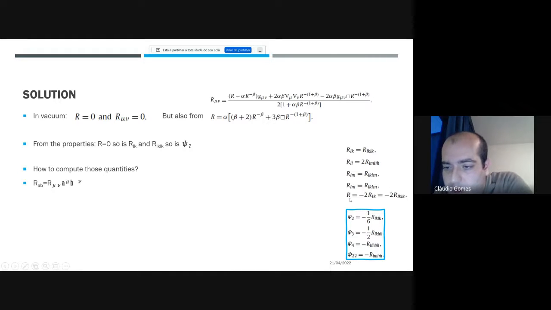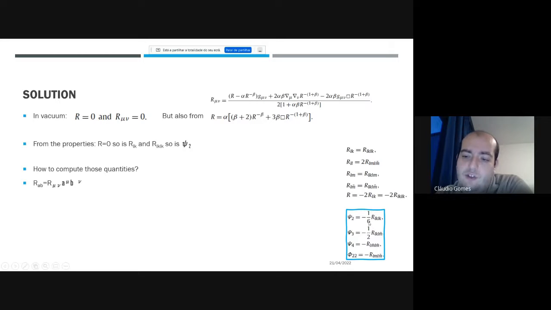So R equals 0, that means that R_LK is 0 and R_LK is also 0, right? So let's look into psi2. Psi2 is R_LK. So if R, the Ricci scalar, is 0, also psi2 is 0.